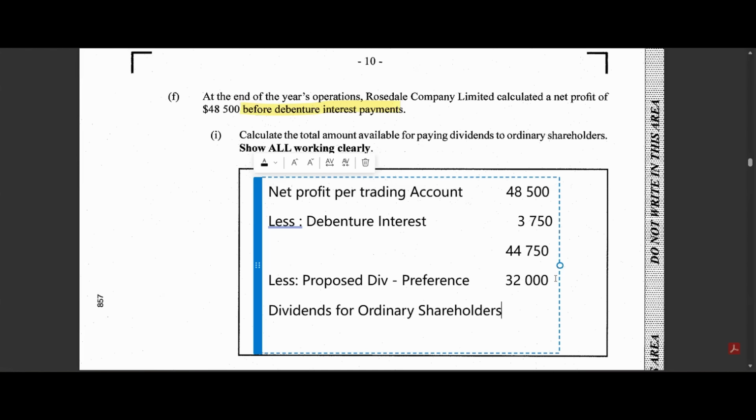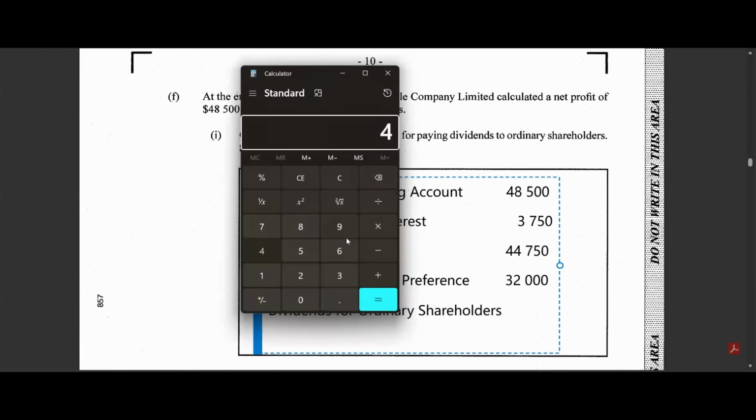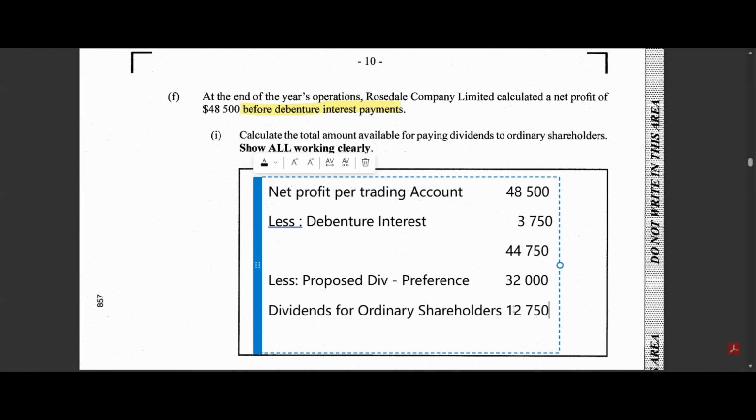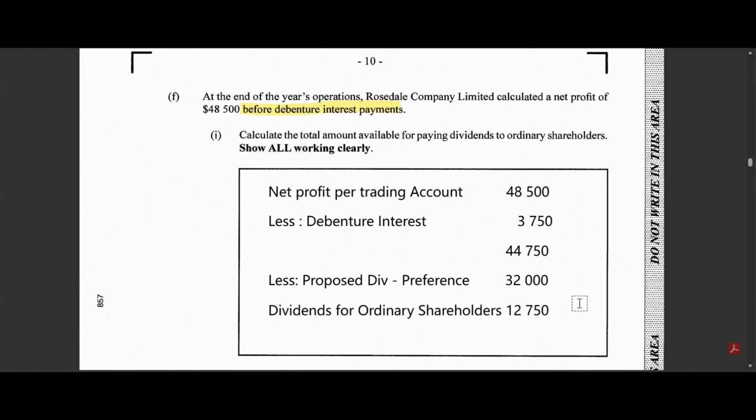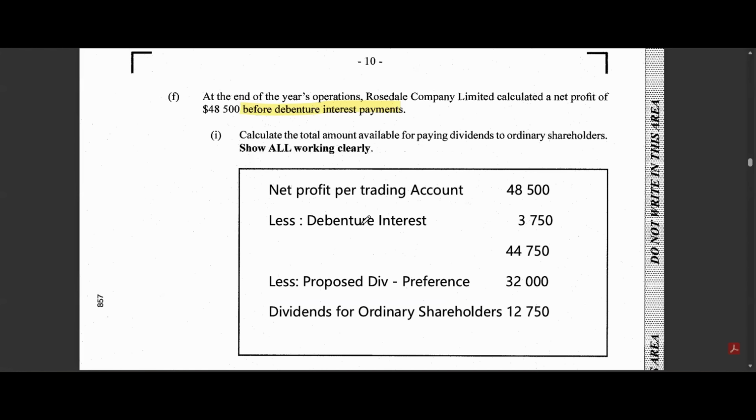If you take your calculator and work that up, you should get a value of $12,250. So ordinary shareholders would be entitled to $12,250. There we go, guys.